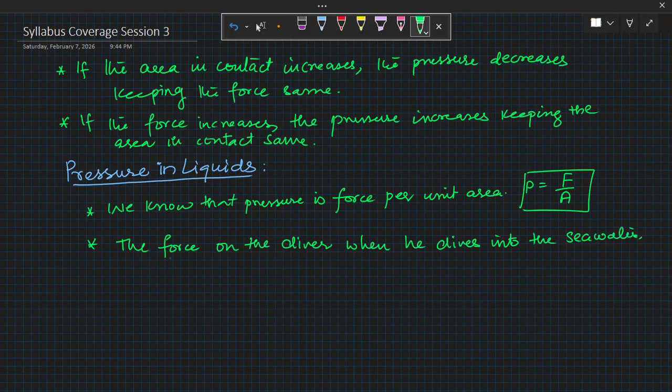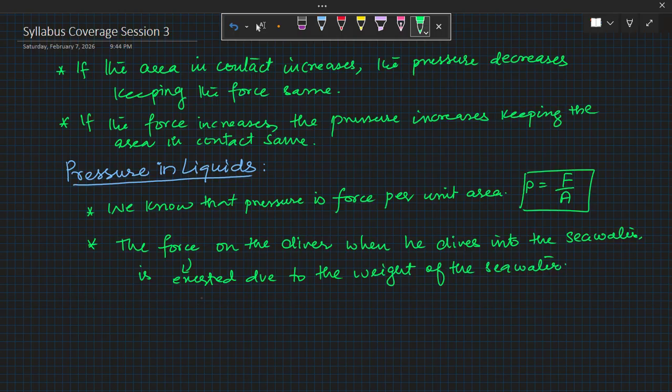So the force on the diver is exerted due to the weight of the sea water, and it is pushing down on the diver, right? Clear?